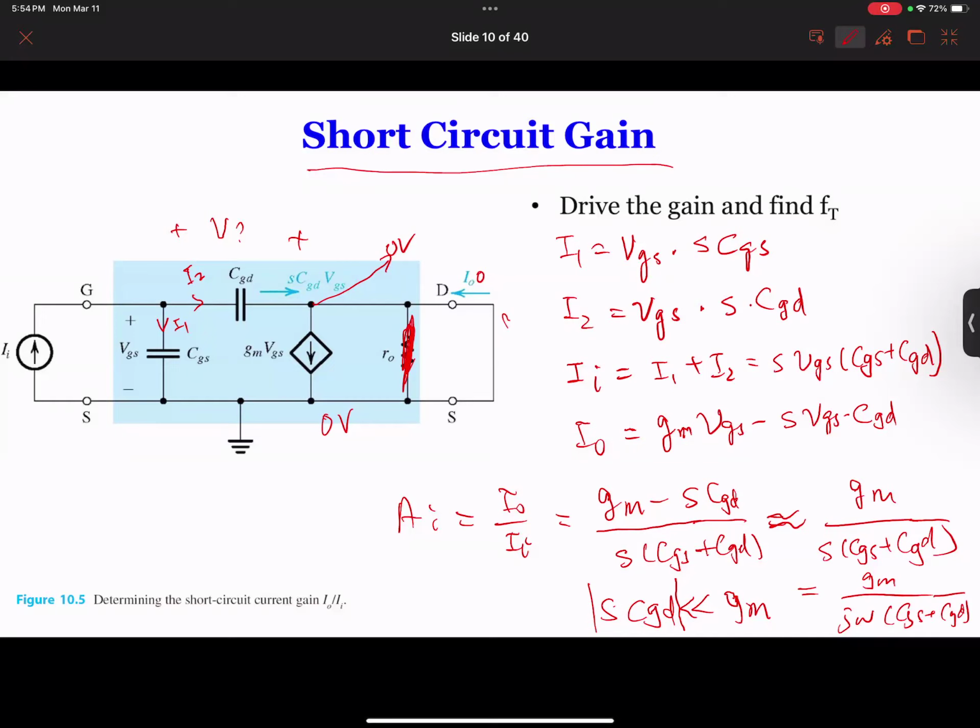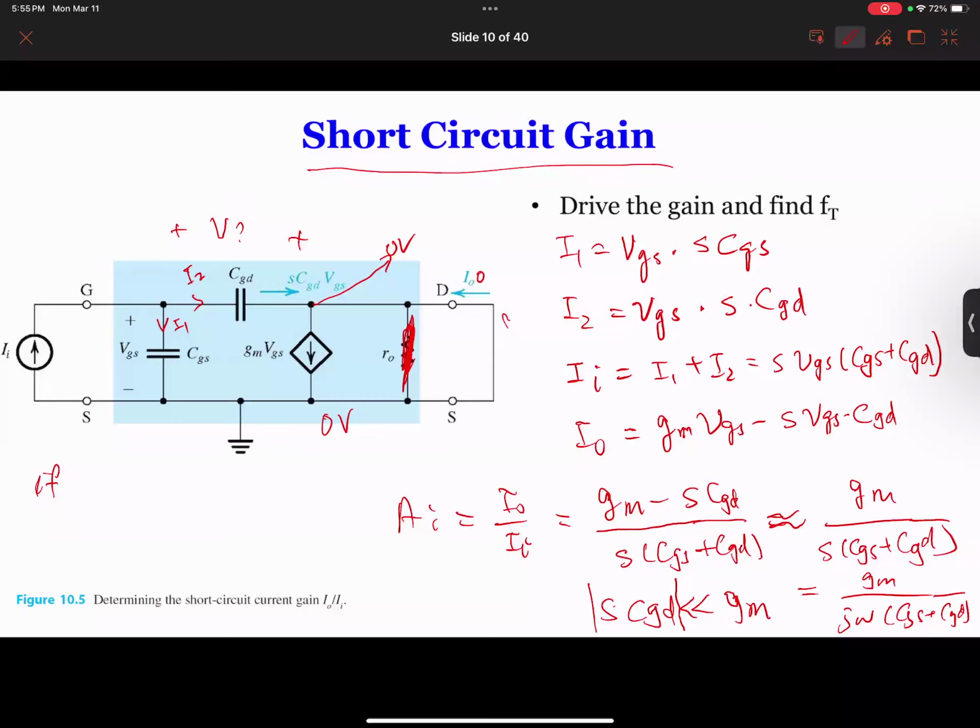And if the absolute value of this whole thing becomes 1, that's what we define as unit gain. So if this whole thing becomes 1, then our current gain is 1.